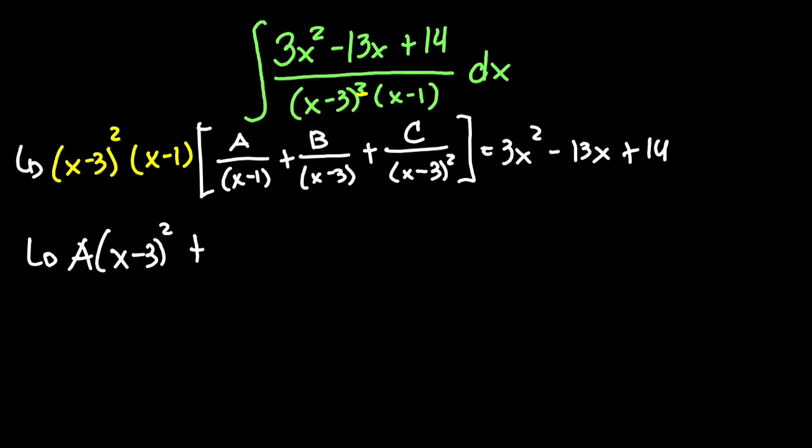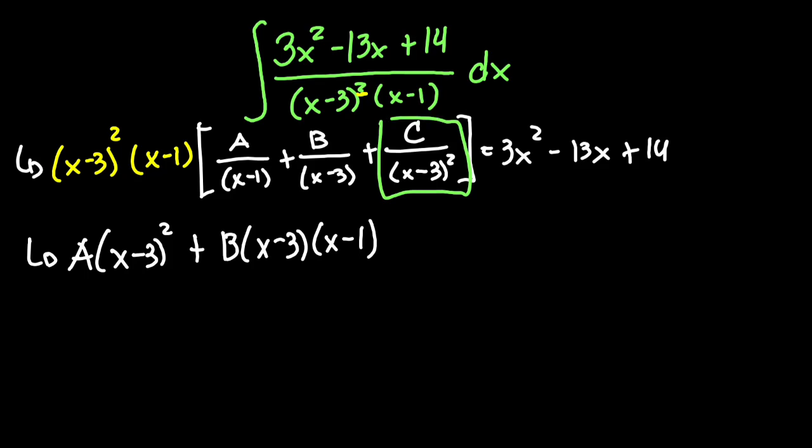And so, focus on the second part. You can see that x minus 3 here will take 1 x minus 3. So, this leaves it as b multiplied by x minus 3 multiplied by x minus 1. And so, focus on the third part.